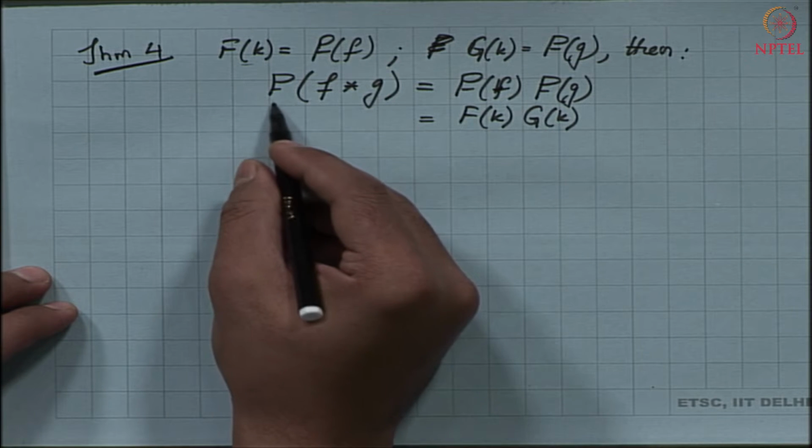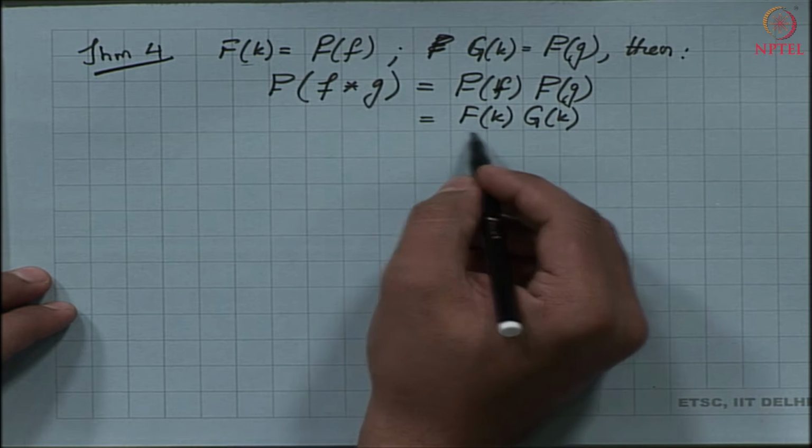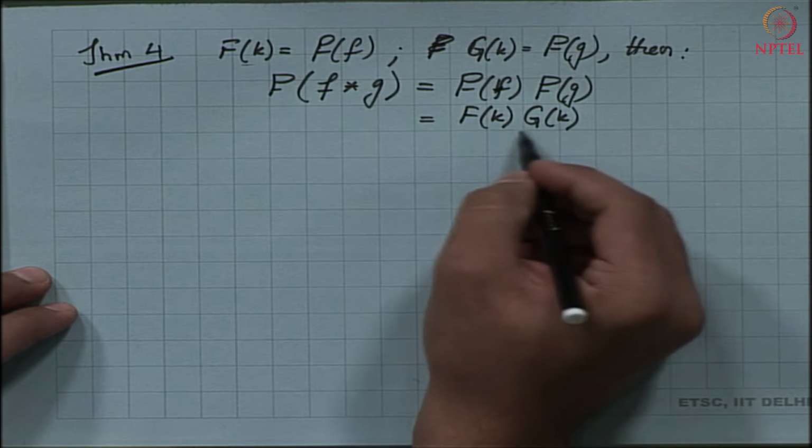So, the Fourier transform of the convolution is quite easy to calculate, which is given by the product of the Fourier transforms.